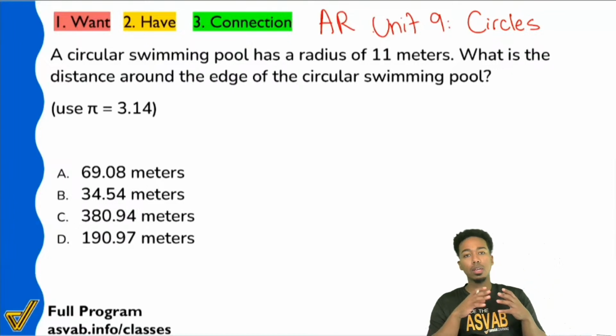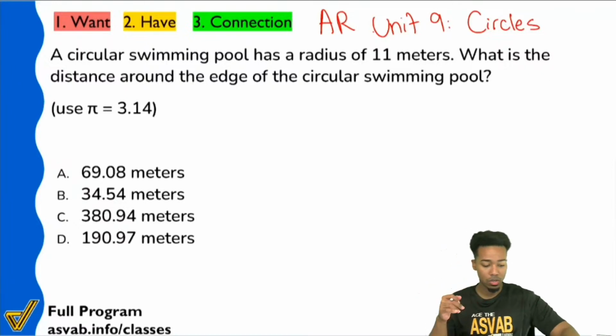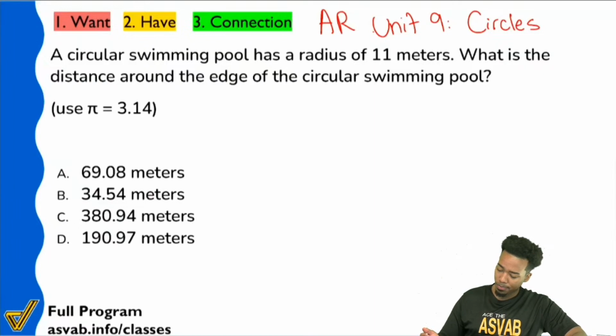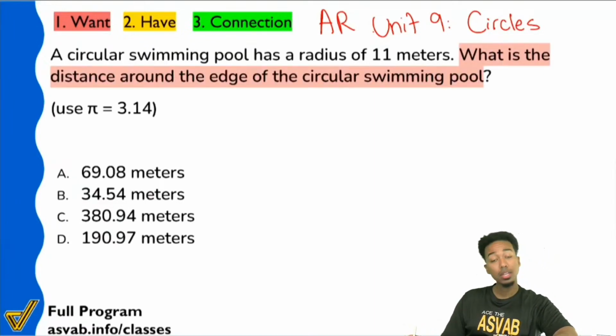So what we're looking at here is a circle word problem, and let me prove to you why I know that's the case. First step is, read the question. When I read the question, it says, what is the distance around the edge of the circular swimming pool?